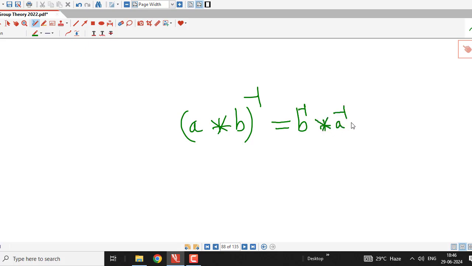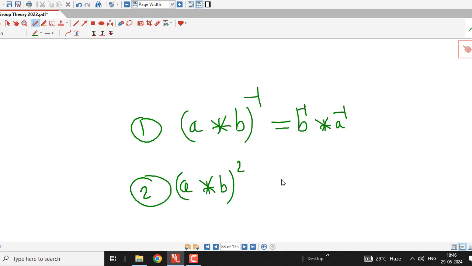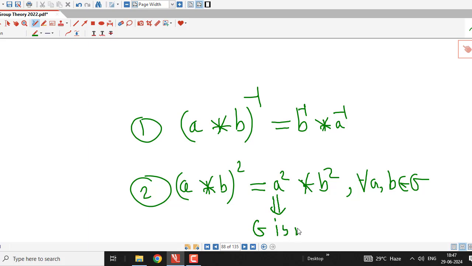So what we have proved in this lecture is, if G is any group, then the inverse of A star B is equal to B inverse star A inverse, and second result, if (A star B) square equals A square star B square for all elements in a group G, then G is abelian, and if G is abelian, this property is satisfied.